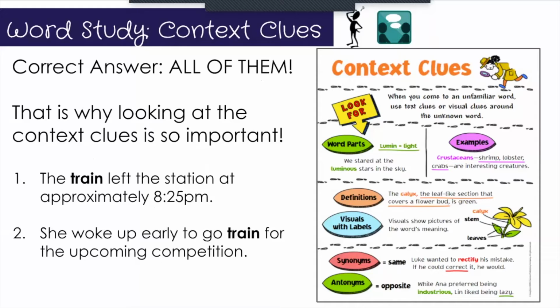Another example, you could have thought, she woke up early to go train for the upcoming competition, meaning she wanted to go and practice and get better by continuing to practice something over and over and over.